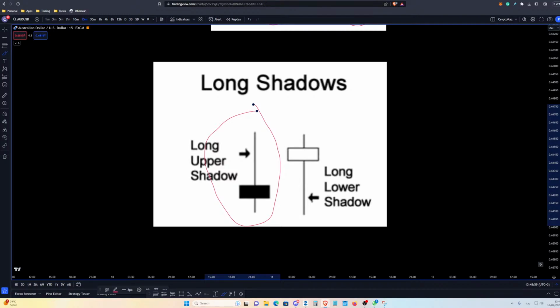But for one reason or another, sellers came in and drove price back down to end the session back near its open price. As you can see, the candle has opened here, but price went up all the way just to come back down and close the candle right above the open, which still indicates a bullish candlestick, but with selling pressure within that candle.